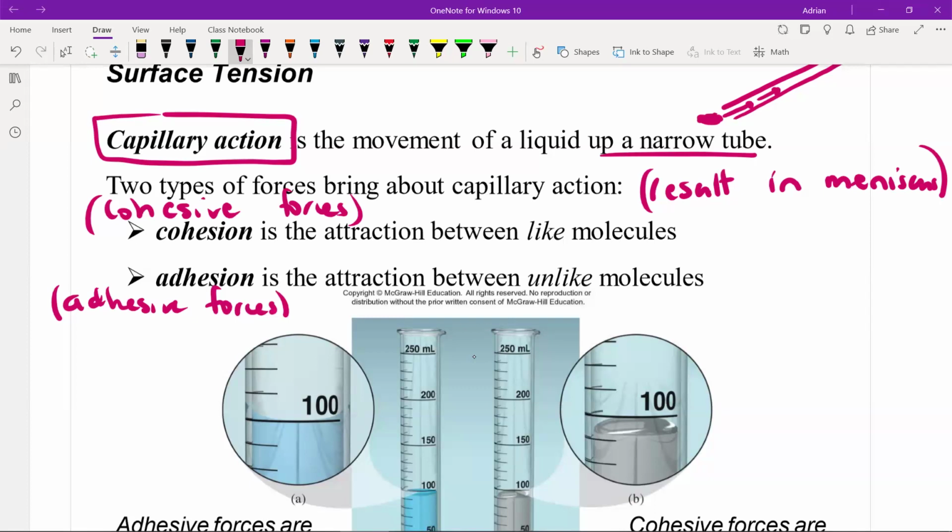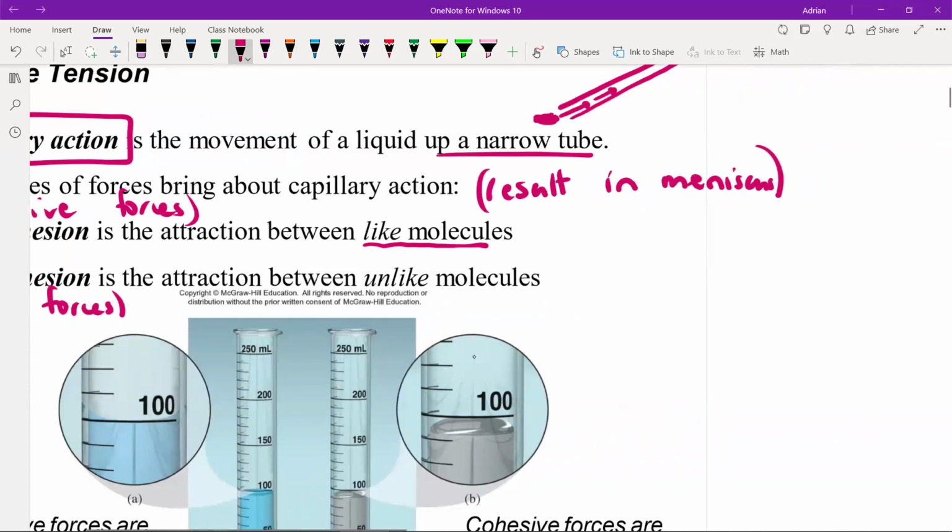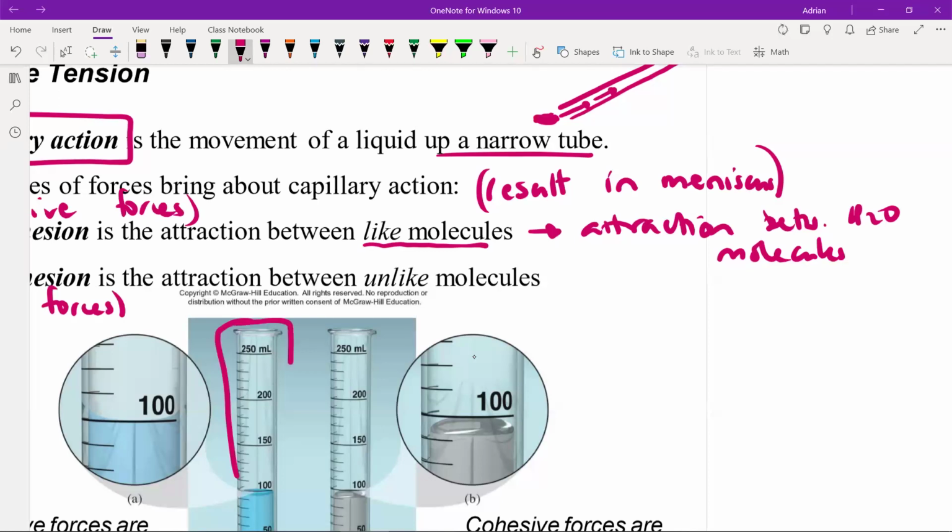So cohesion is the attraction between like molecules. In the case of our example with water, this would be the attraction between the H2O molecules. Now let's say the water was in a graduated cylinder, like this example down here.